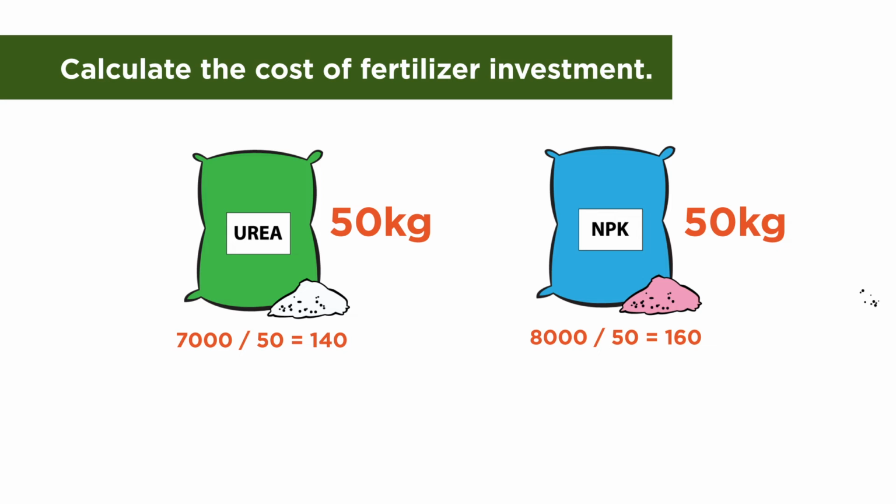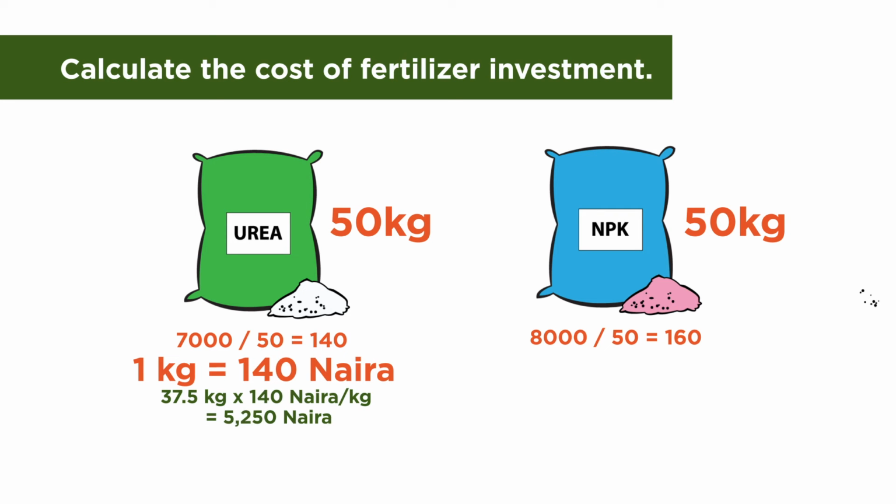John can now calculate the total cost. The cost of the urea will be 37.5 kilogram, the required amount of urea for his field, times 140 naira, the price of urea per kilogram. That's 5,250 naira.